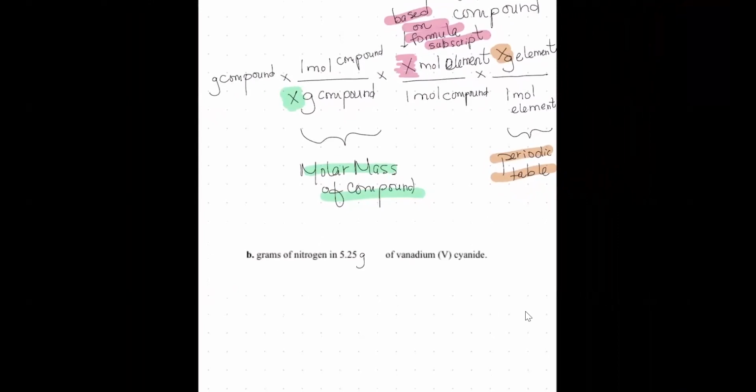So let's try the following problem. We need to find grams of nitrogen in this many grams of vanadium 5 cyanide. Again, this is a review. Vanadium 5 cyanide. Let's write the chemical formula in the chat.